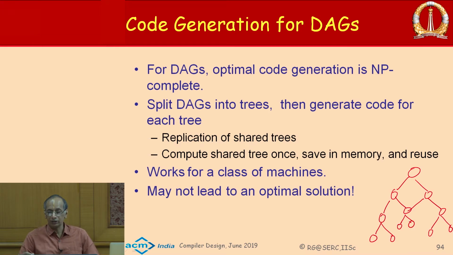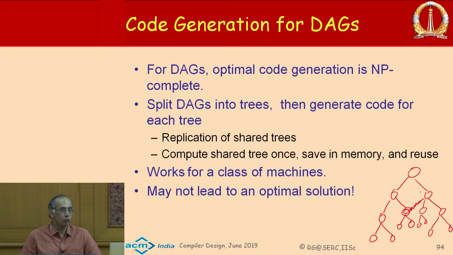It is a tree except that this particular node is shared. Now, one way to make this a tree is to replicate this node. If I replicate that node, then it becomes something like this, with this removed, correct? Then it becomes a tree.